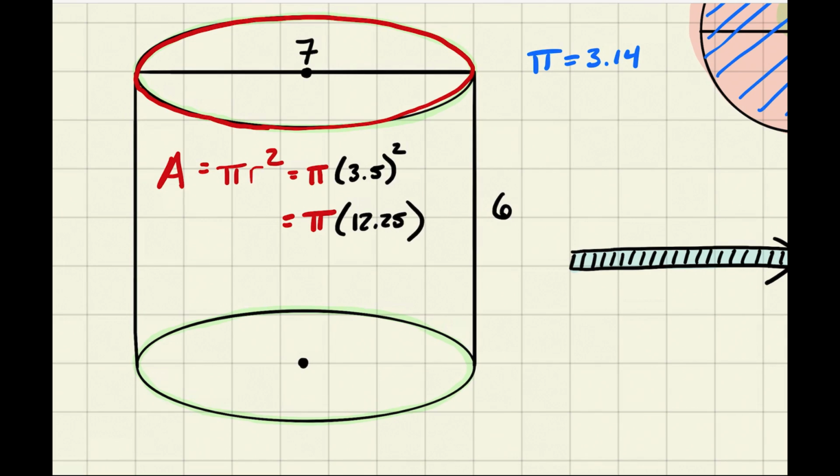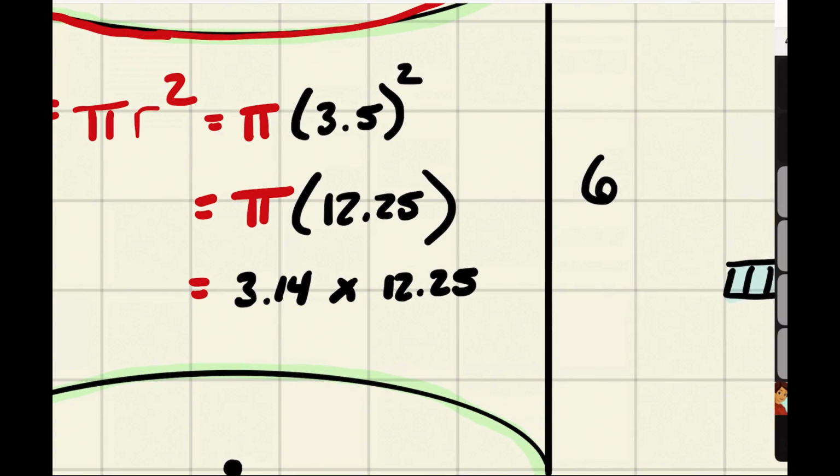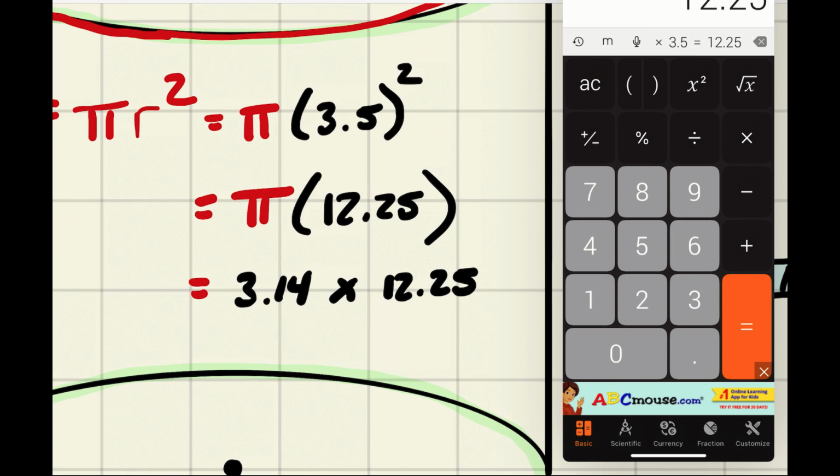12.25. Now, pi is 3.14. So we're going to go ahead and simplify this so that it is 3.14 times 12.25. Bring calculator back over. 12.25 times 3.14, and we get 38.465.